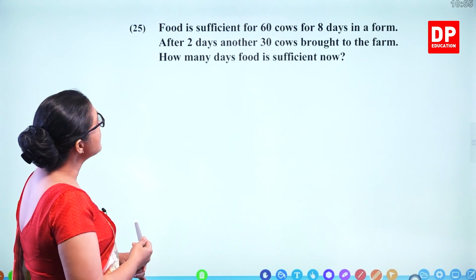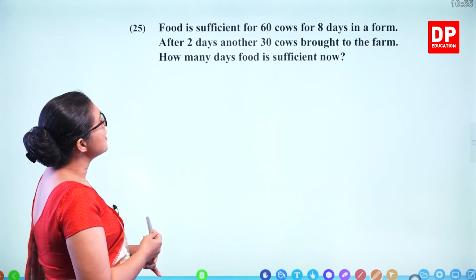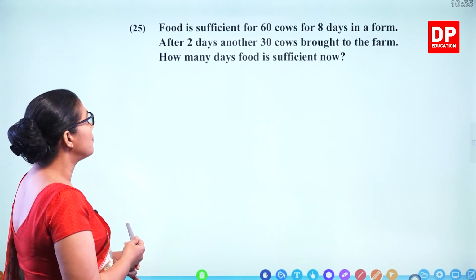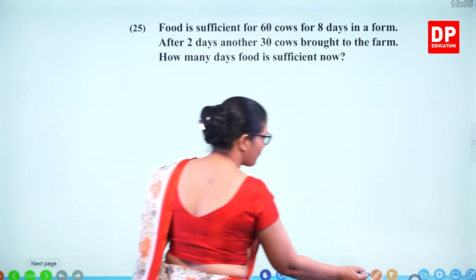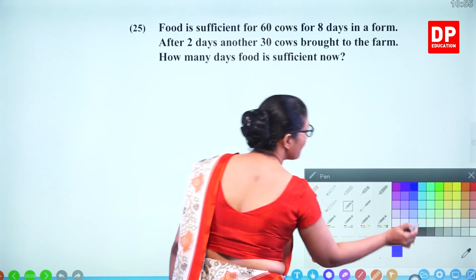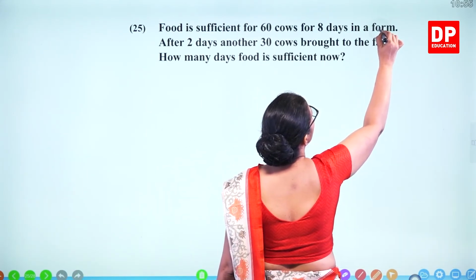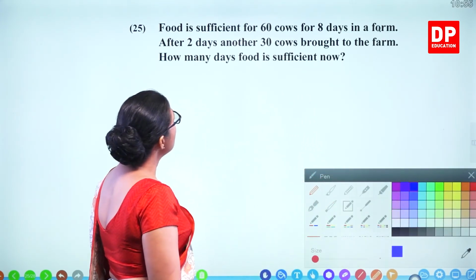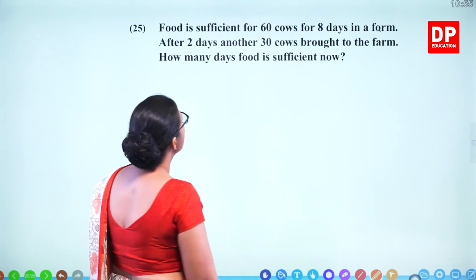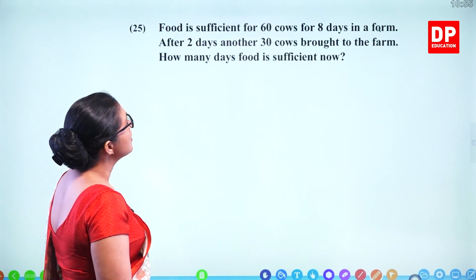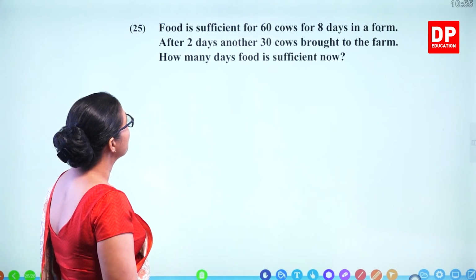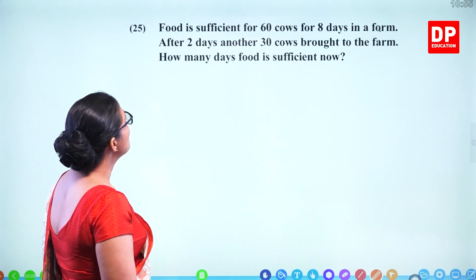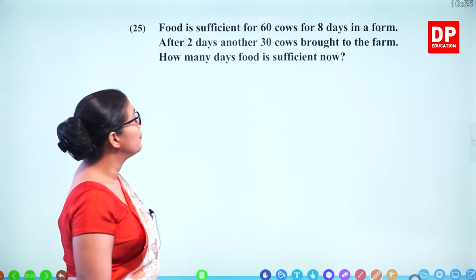Question 25. Food is sufficient for 60 cows for 8 days in a farm. And then it says, after 2 days, another 30 cows are brought to the farm. How many days is food sufficient now?